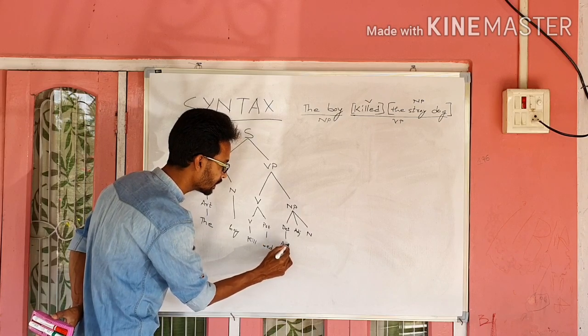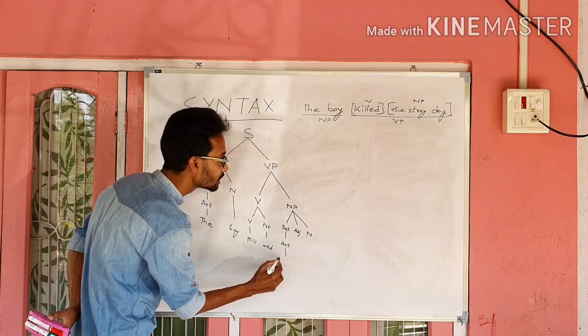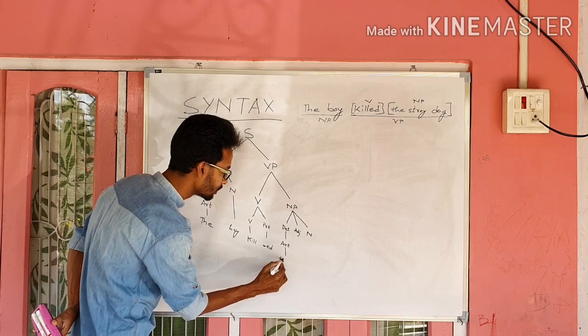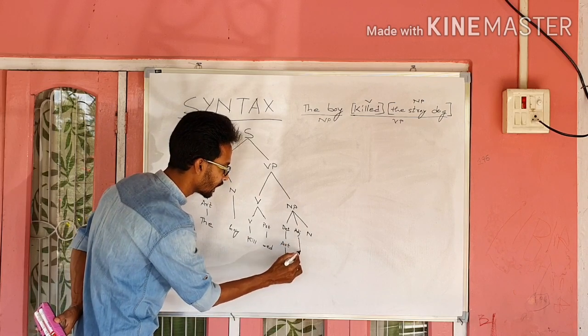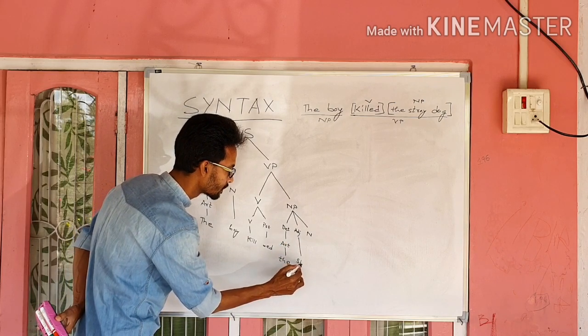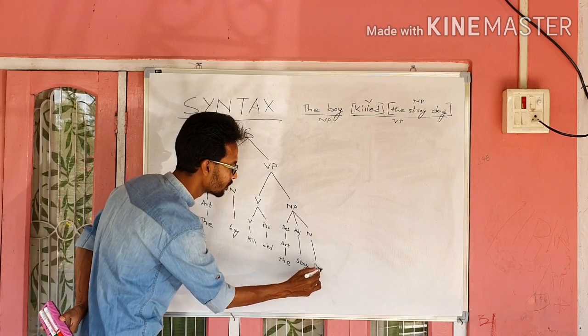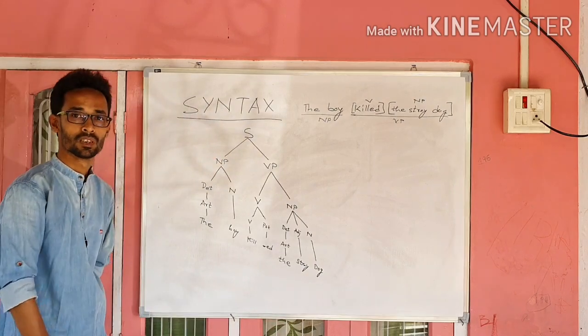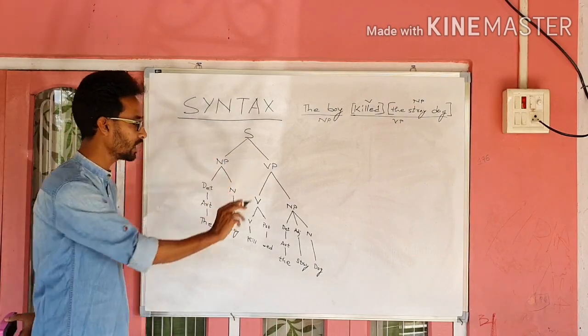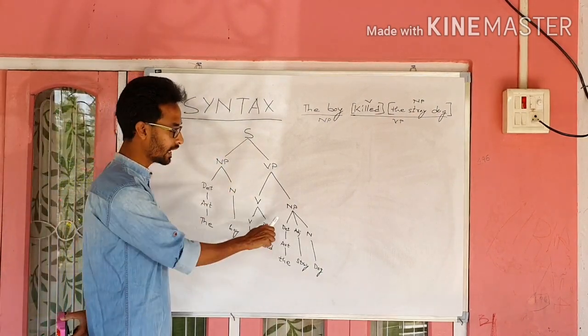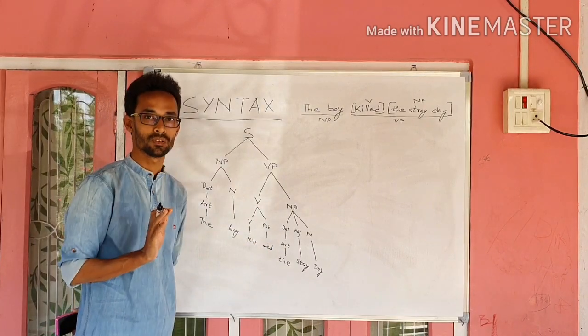Determiner is the article and that is the, adjective stray and noun dog. Remember one thing, when doing IC analysis, only the NP can be divided into three parts.